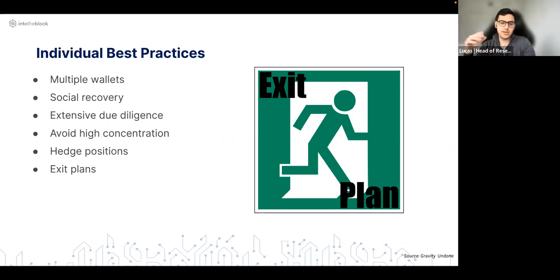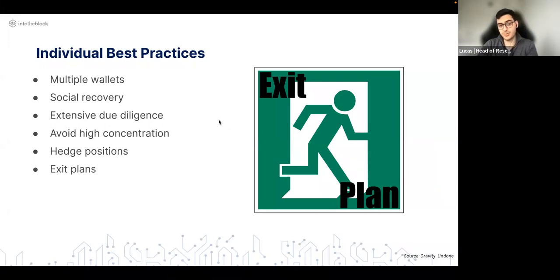There are some wallets that allow you to do this, where when you create the wallet, you give access to, I don't know, 3-4 of your best friends, and you need more than half of them to say, hey, this guy lost access to their funds, and together they agree to input a transaction that will provide you your keys to access those funds again. That's one technology that's still nascent, but it's getting more adopted. I think some wallets like Argent already support it.